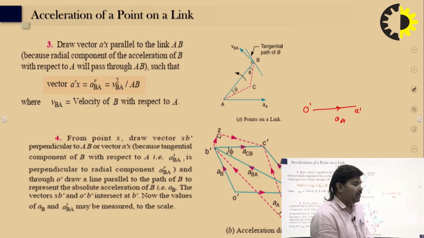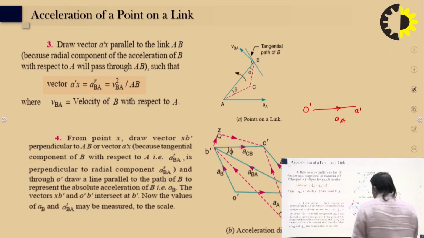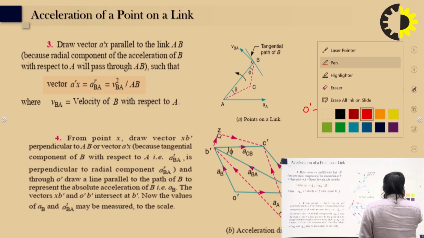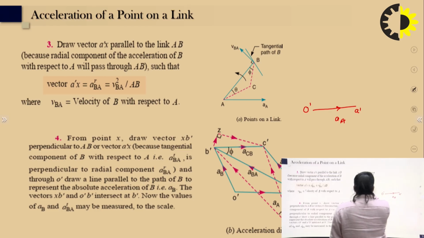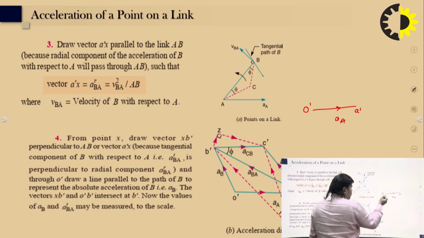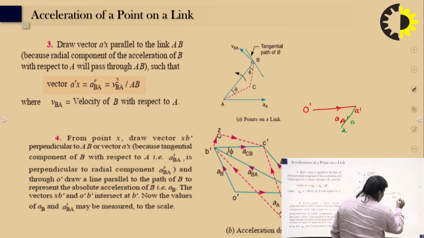So from A dash, draw the radial component and the tangential component of B with respect to A. The radial component is parallel to the link, so you can draw A dash X, which is the radial component a^r_BA.